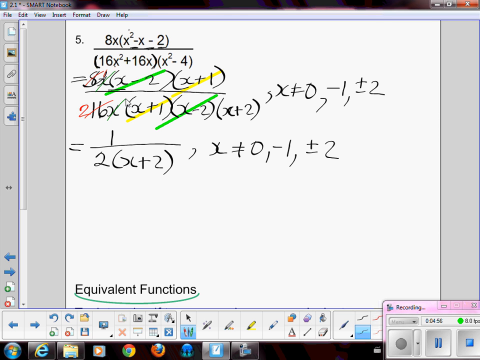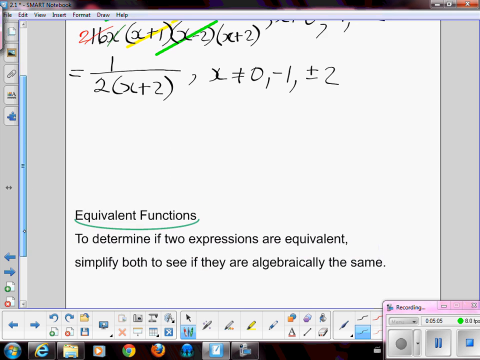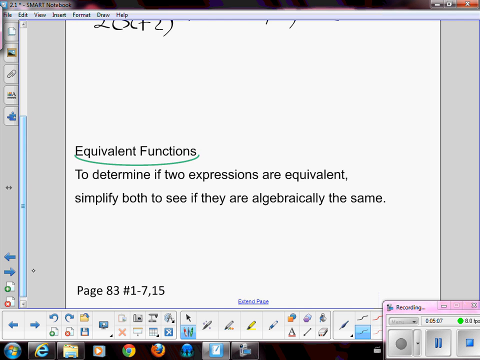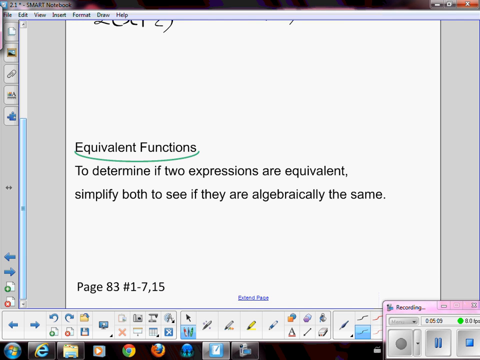Okay, so if after you've done all the factoring you can't cancel something out, it's probably because you maybe factored incorrectly. One more comment that I'm going to make about this lesson is equivalent functions. Now, I'm not going to do an example of equivalent functions because really what it means is you're just simplifying something algebraically. So to determine if two expressions are equivalent, just simplify to see if they are algebraically the same.